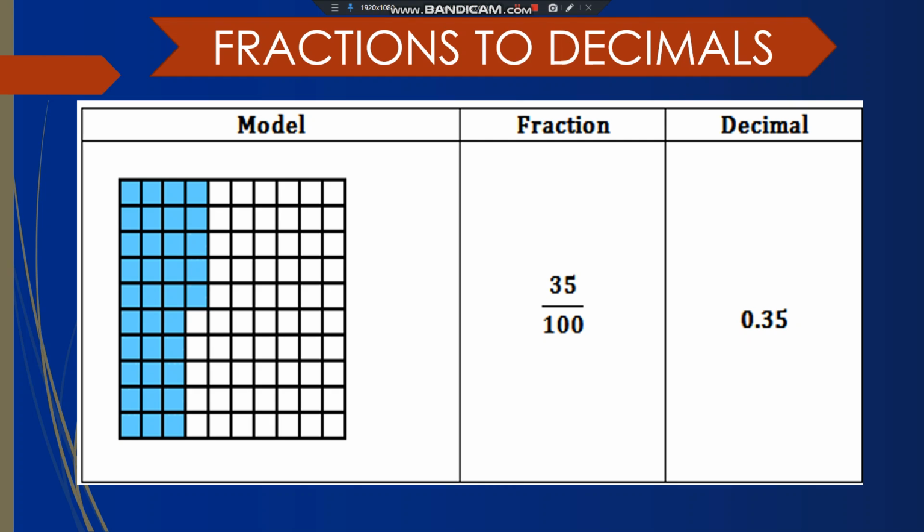Here we have a box with 100 parts, out of which 35 are shaded. So the fraction is 35 upon 100, and the decimal will be 0.35.